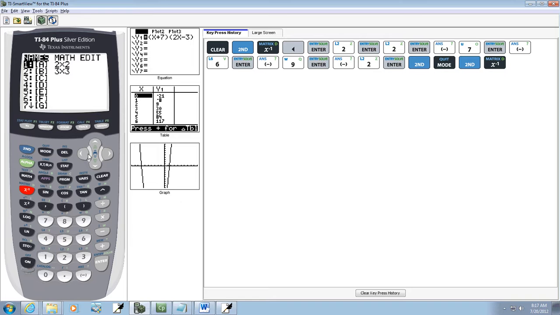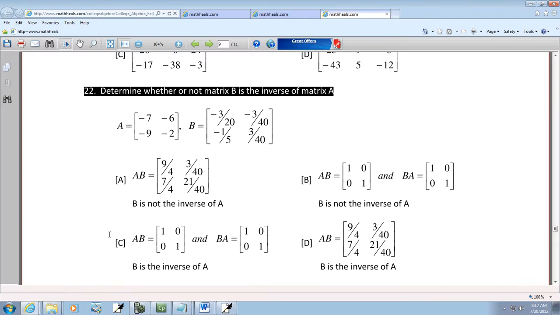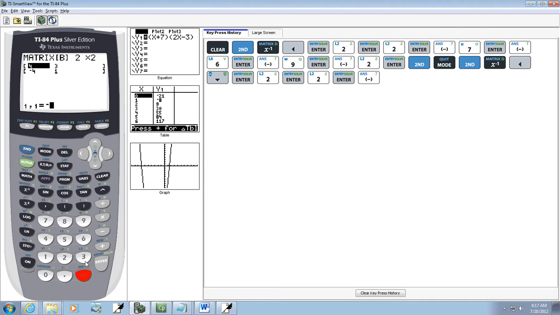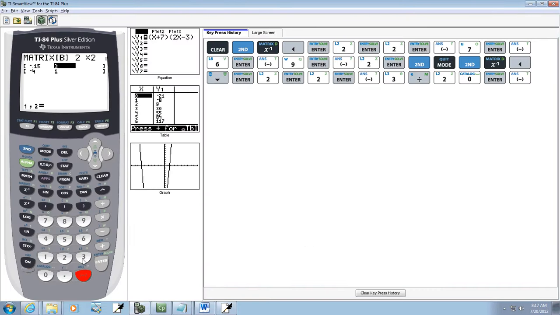Now after you get A input, exit out, do a second mode. Go back in your matrix menu, second x to negative 1, left arrow over to edit, down arrow to B, and enter. And it's a 2 by 2, so do 2 enter, 2 enter. And we got negative 3 over 20, so negative 3 divided by 20, enter. Negative 3 divided by 40.